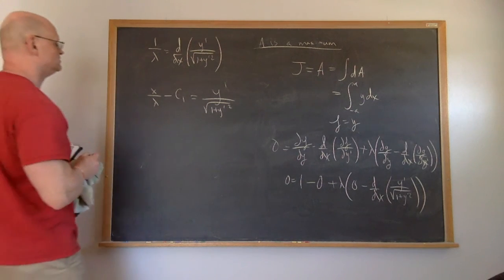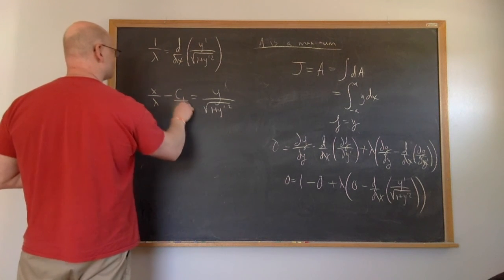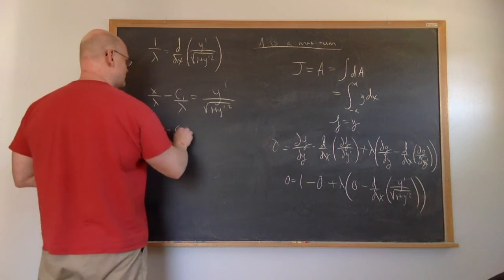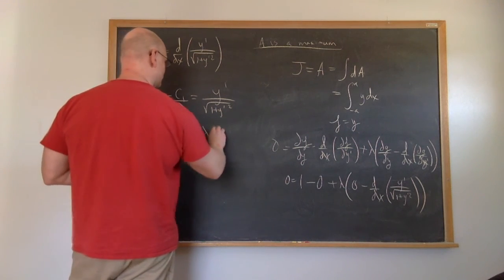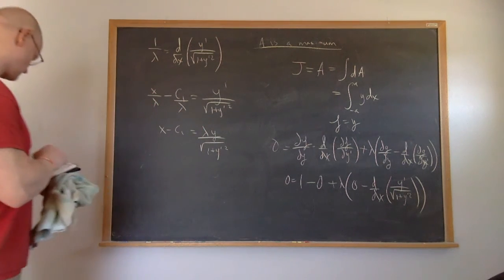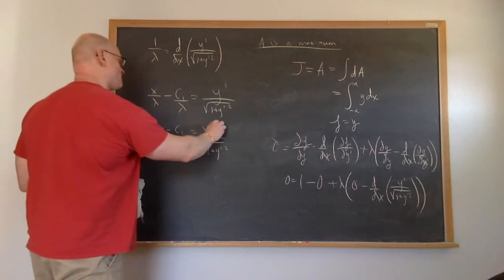I can redefine that variable, so let me put the lambda down here too, just to make it a little bit nicer. Ultimately this is going to become x minus c1 equal to lambda times y prime divided by the square root of 1 plus y prime squared.